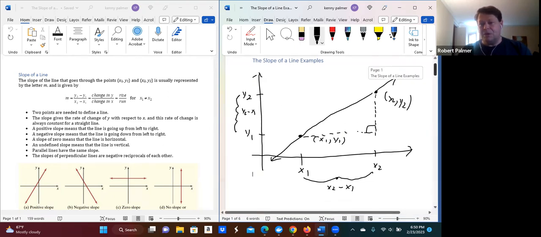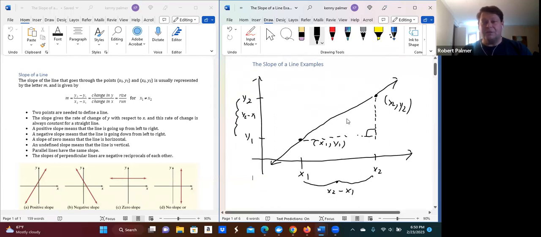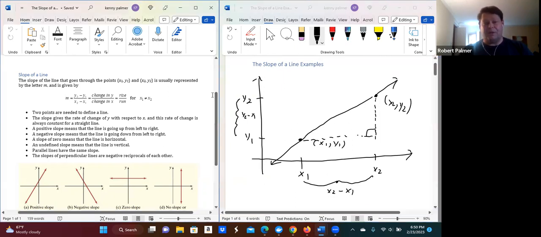And then this ratio of these sides is our slope. As we'll see, this ratio of these two sides tells us a lot about the line itself. That's essentially what the slope is graphically.